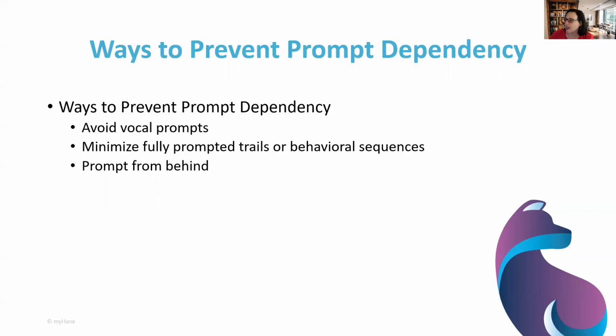Use the stimulus fading strategy like we already discussed. You might want to limit the exposure to fully prompted trials and fade the prompts as soon as possible. If the learner thinks you're going to help all the time, why would they put forth the effort? If they think you're going to do it, why bother? Use a prompt from behind whenever possible. You can be behind the child, for example.